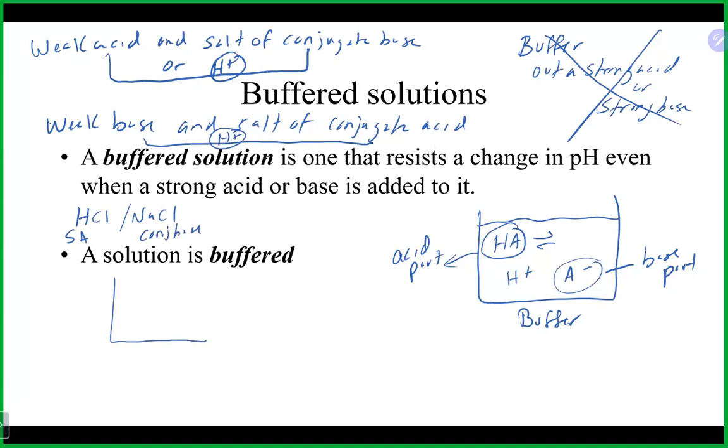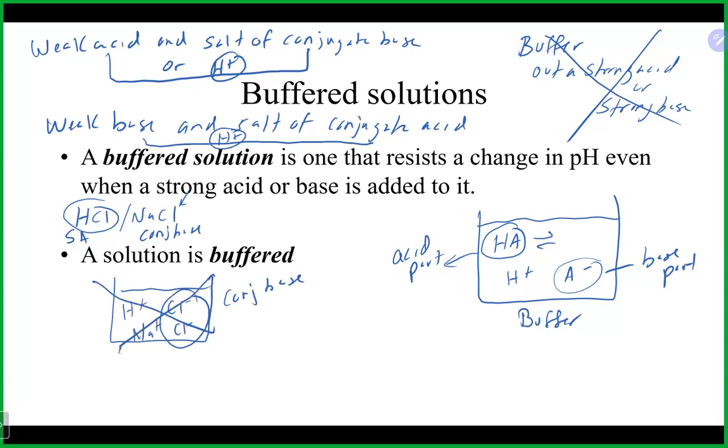The problem is when you put that into your beaker, because HCl is a strong acid, it's just going to break apart into H plus and Cl minus. This is a salt, which will break apart into Na plus and Cl minus. Now, floating around that solution, all you have is a conjugate base. You don't have any acid part of that solution to work as a buffer. So that's why this will not work.